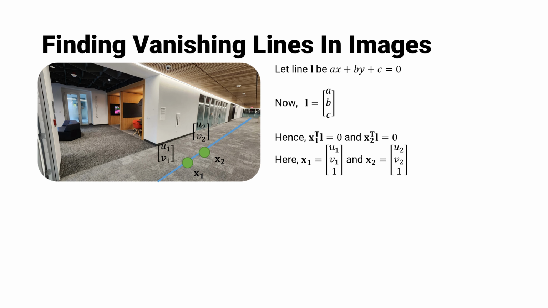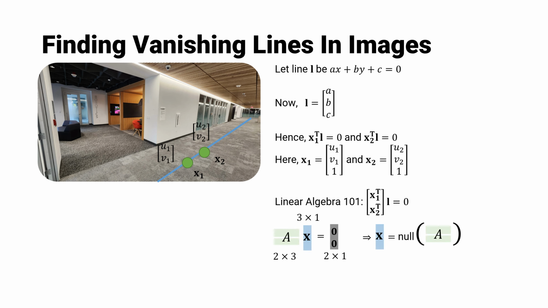Beautiful. In basic linear algebra, we know that we can combine these two things because the values of the coefficients of the line L, a, b and c, should be the same for both the points. So we can stack these up and solve it as a linear equation. We'll stack it up this way, and this is going to be a 2 by 3 matrix, and we want a 2 by 1 vector.